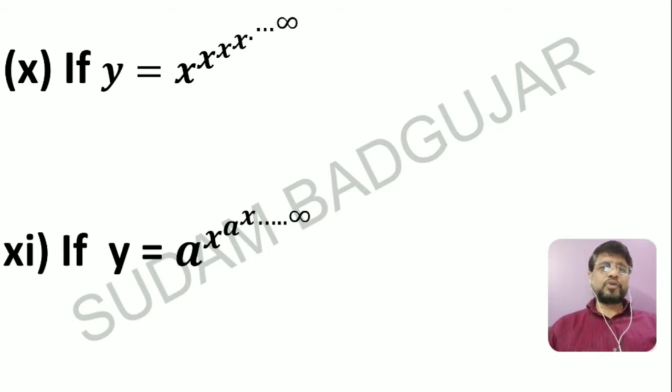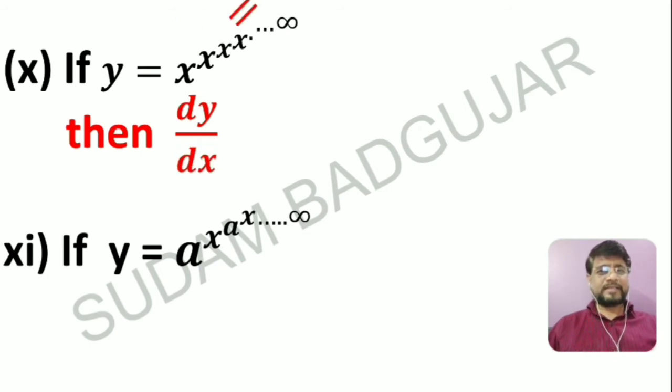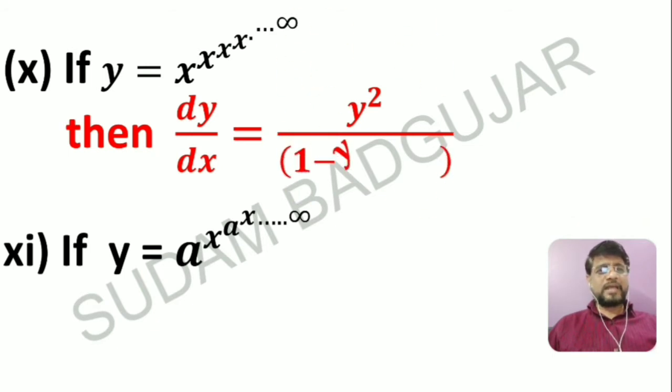And the solution of such type of series is also very simple. See, the derivative of the 10th one, sum number 10, is y square upon 1 minus y log x into 1 upon x.